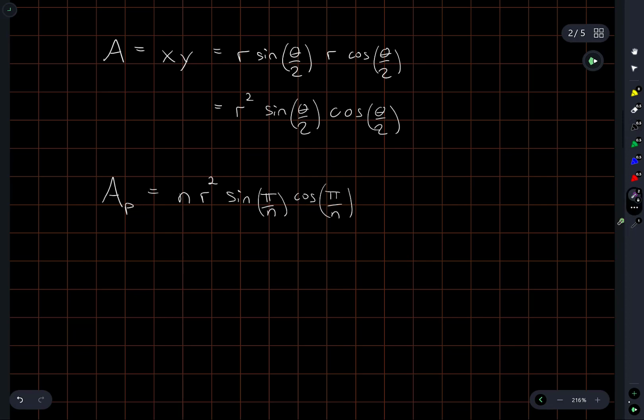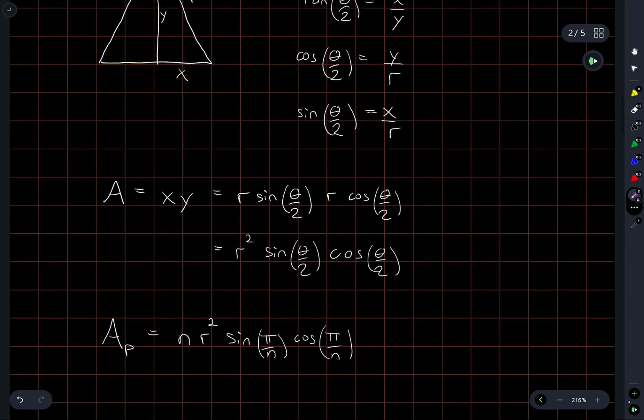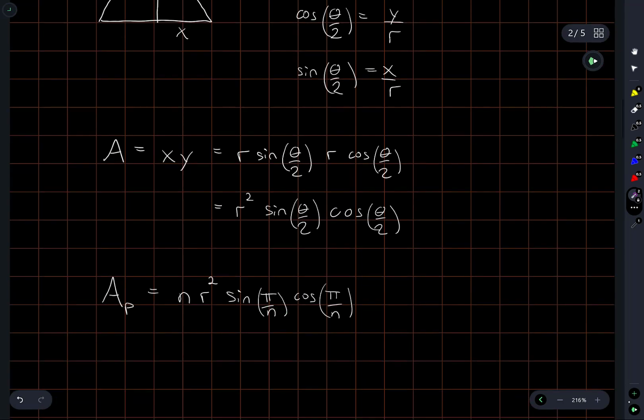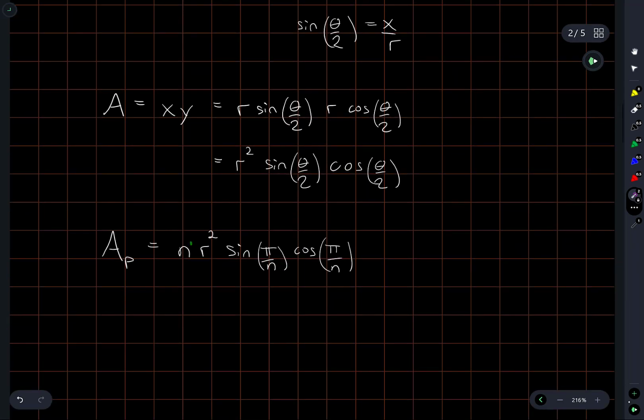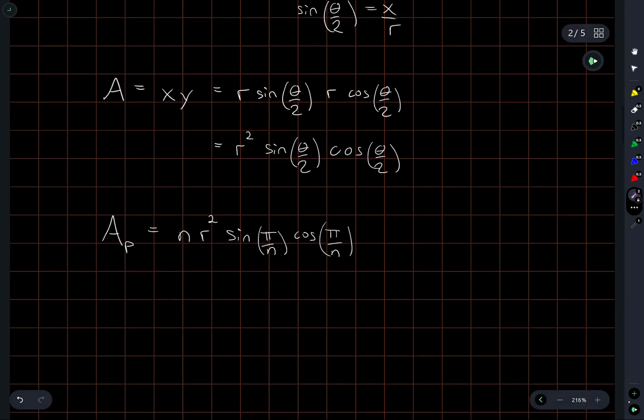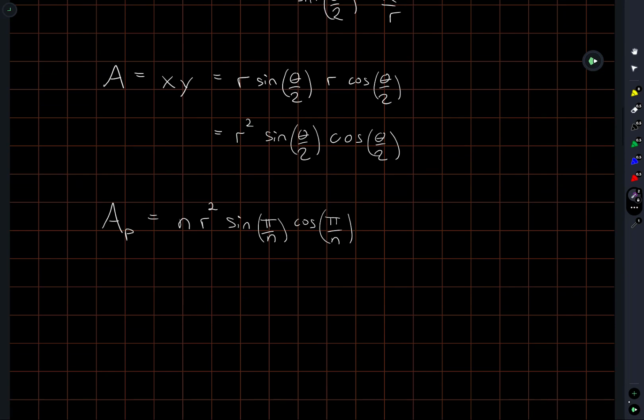Yeah, I thought I had a mistake somewhere, like an extra factor of either sine or cosine, because of course as n goes to infinity, this thing converges to 0 because we've got a 1 over n in here. But I forgot that we're ultimately going to be multiplying this thing by n. And of course, as n goes to infinity, you expect the n-sided polygon to converge to a circle.